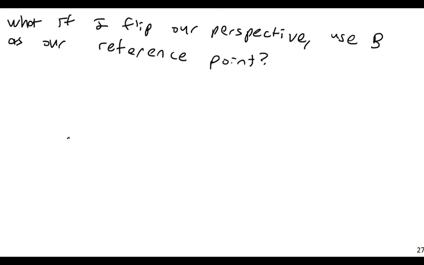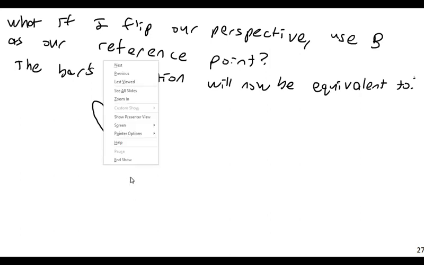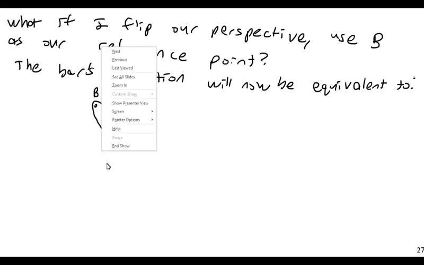Well, in that case, we end up with something very similar. The bar's motion will now be equivalent to the summation of, now everything would be moving with respect to B, or we would say that A and B are both translating with VB plus a rotation about point B.